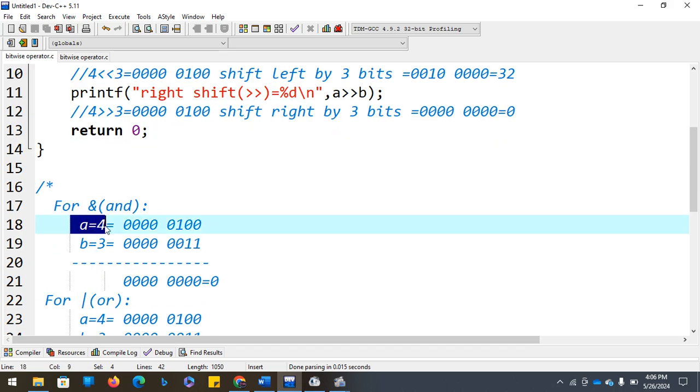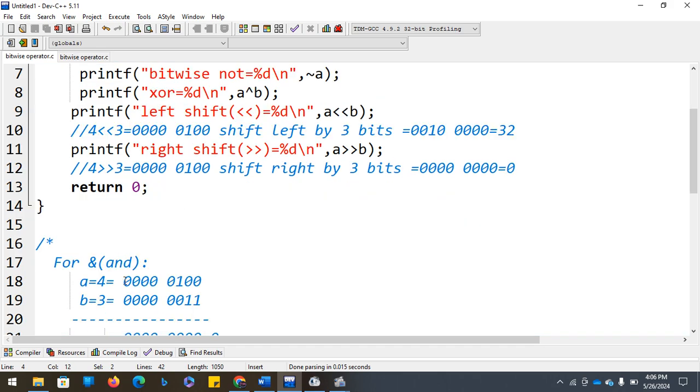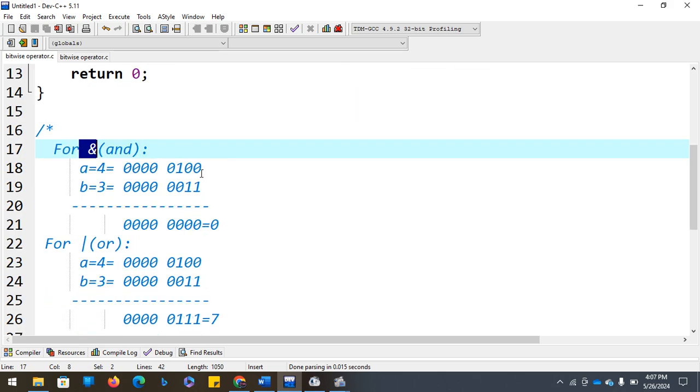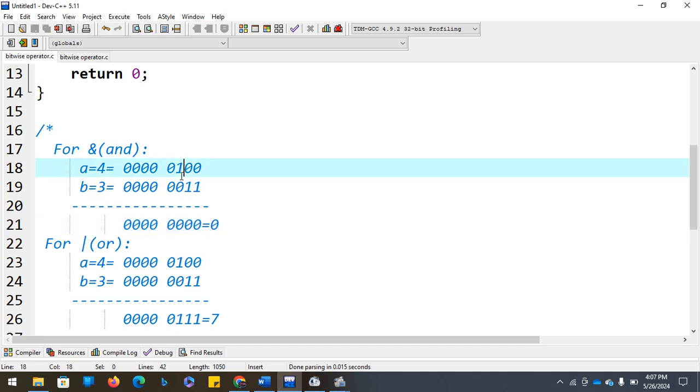Here is the example. A is 4. If we are taking 8 bits, 4 is equivalent to 00000100 in binary. Similarly for b, that is 3, let's convert into binary, so it becomes this one. We are taking 8 bits, and after that what this AND does is multiply all the bits. So we can see 1 into 0 is 0, 1 into 0 is 0, 1 into 0 is 0, and 0 into 0 is 0.